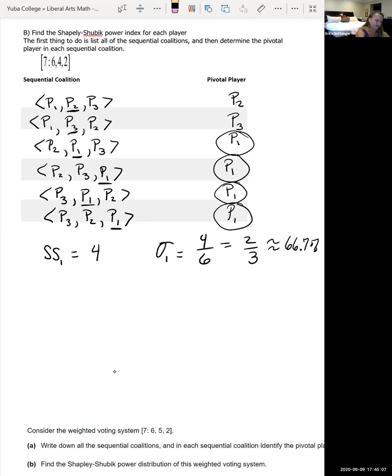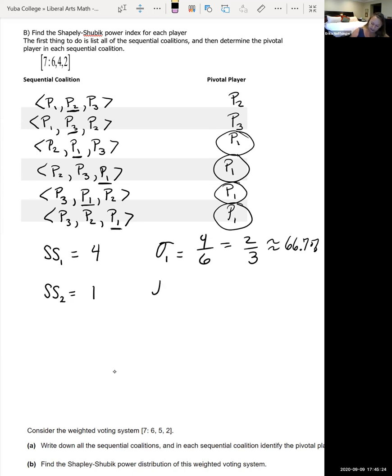Okay, so looking at the Shapley-Shubik power for player 2. Going through here, how many times were they a pivotal player throughout? That was only once.